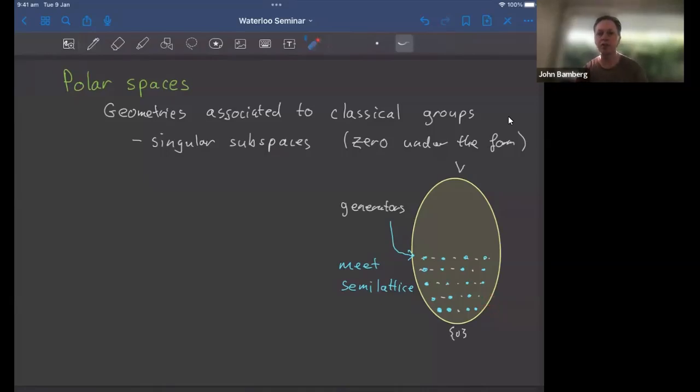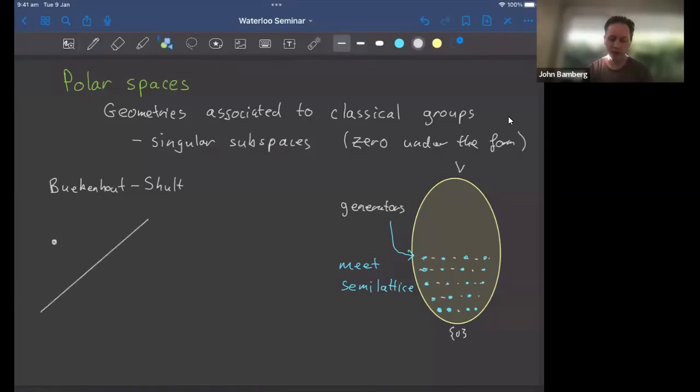And this is a very natural geometry in the sense that there's a wonderful theorem by Buchenhout and Schult in the early 70s that this type of geometry is more or less characterized, I won't go into the fine details, with the following axiom. If you have a point and a line in this geometry, so one of these blue points, then you have two cases actually, so I should draw this picture twice.